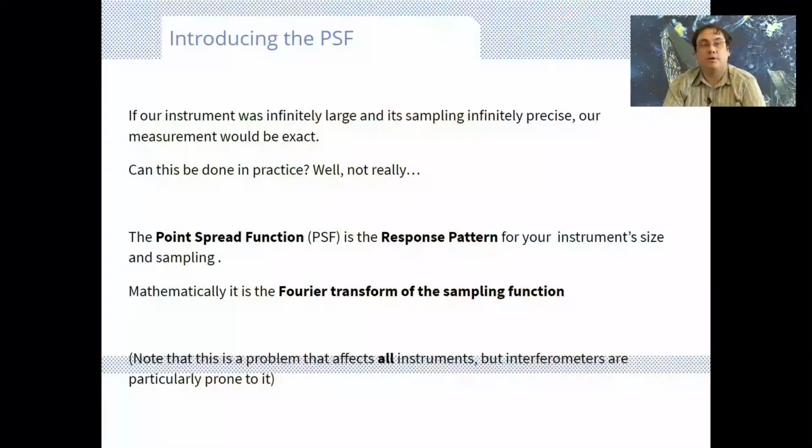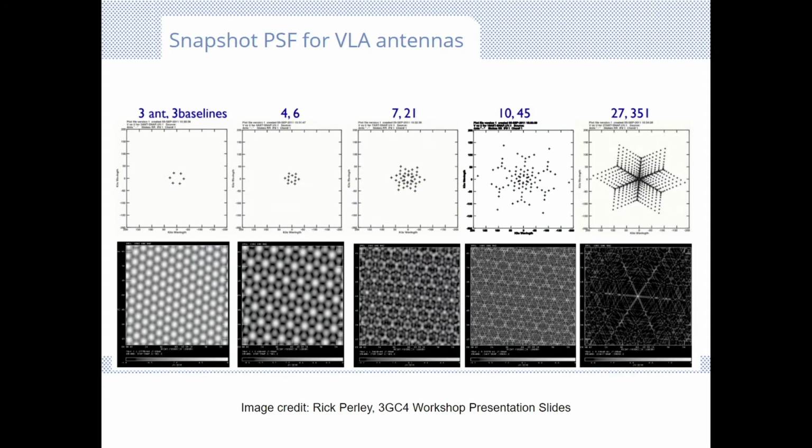Now, that PSF is much more compact because essentially, there's much less structure to the mirrors and so forth in an optical instrument. However, for a radio interferometer, we're missing a lot of samples in the UV space. So our PSF is going to be much more pronounced. The more samples we have on the UV space, the better, right?